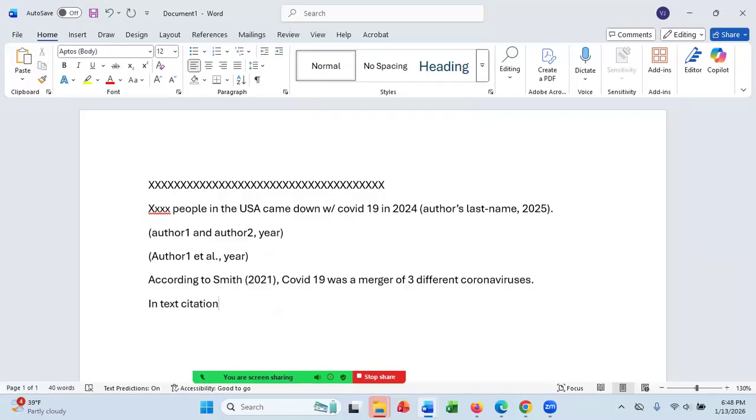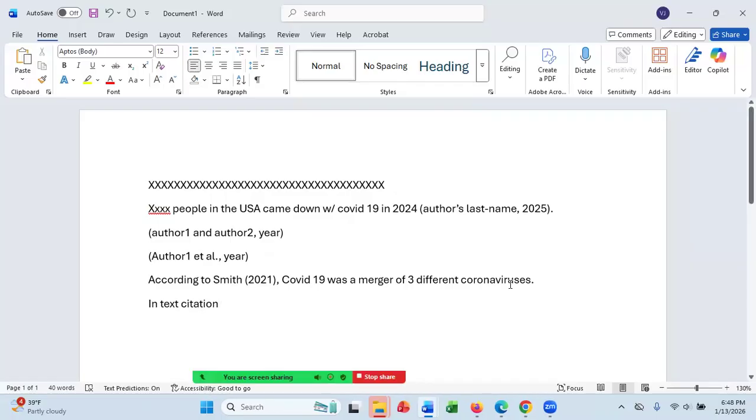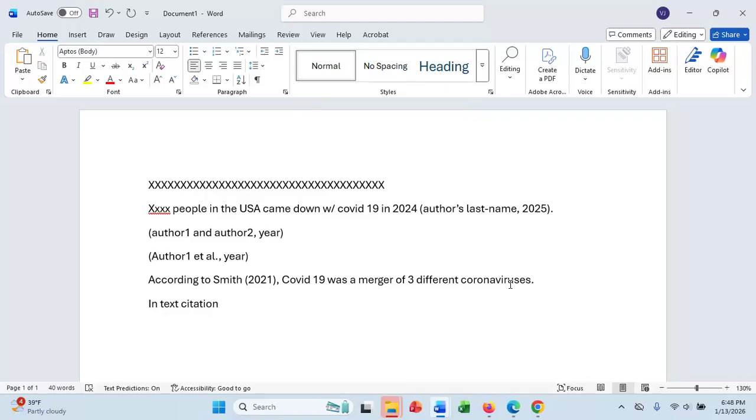You should have an in-text citation after every fact which is not commonly known. If it's common knowledge, like, I don't know, Christopher Columbus sailed the ocean blue in 1492, is that when it was?